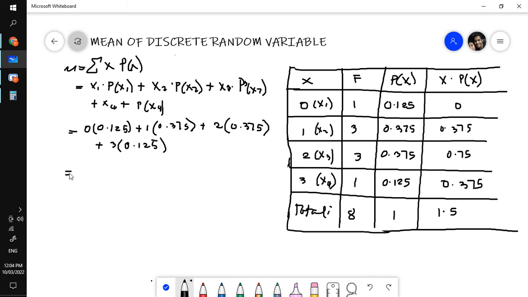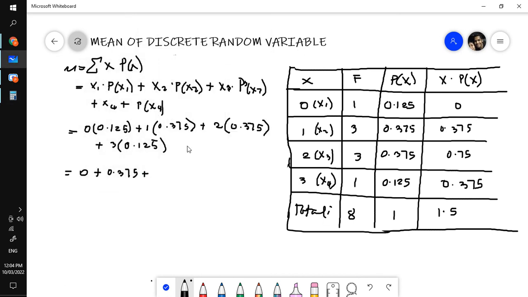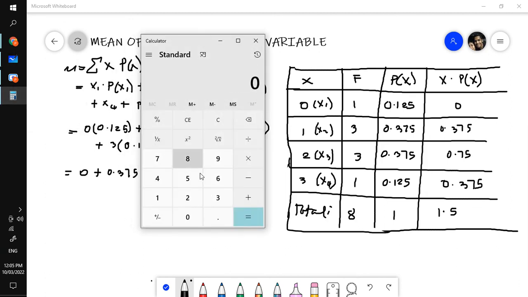So let's multiply. We have 0 times this, that's 0 of course, plus 1 times 0.375, that's 0.375, plus 2 times 0.375, that's 0.75. And we have plus 3 times 0.125.